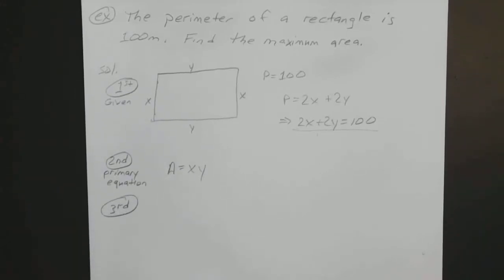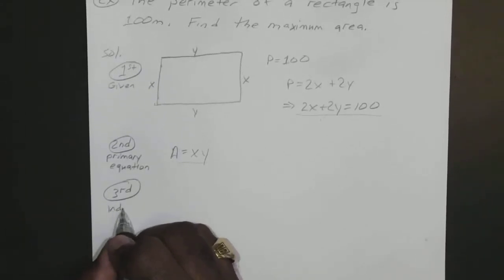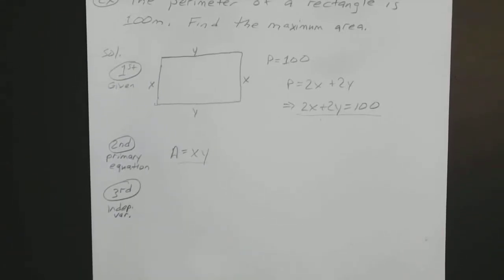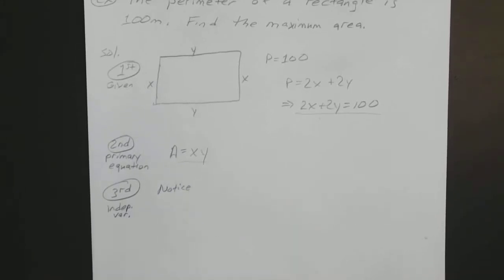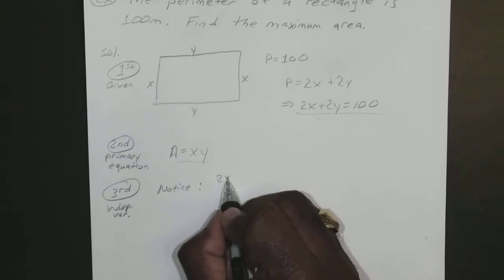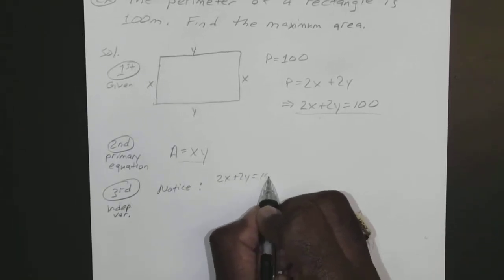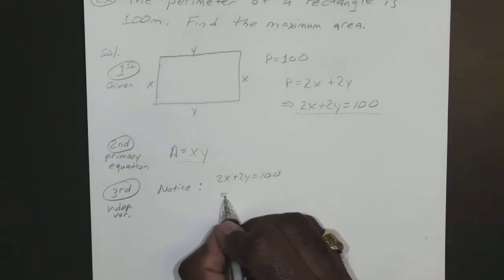So your third step, you want to turn your primary equation to where it just has one independent variable. Right now you're still at 2, you have x and y. Okay, but if you notice, if you have 2x plus 2y equals 100, you subtract 2x from both sides.